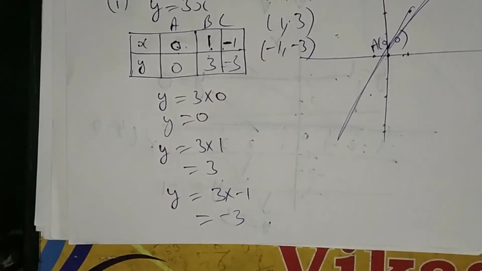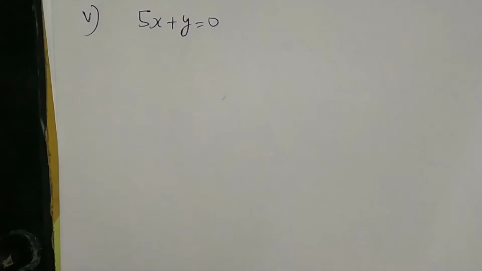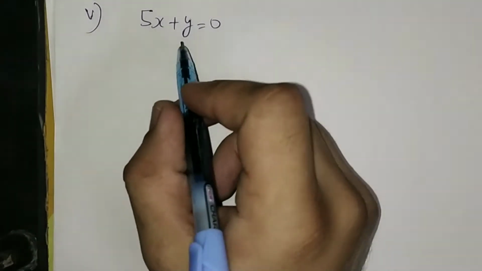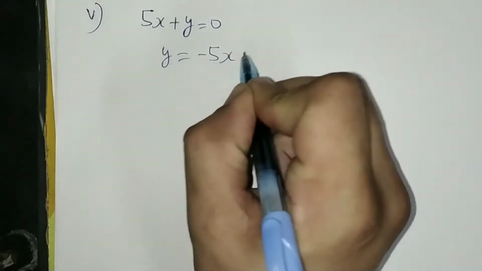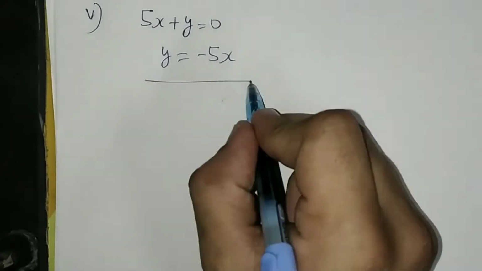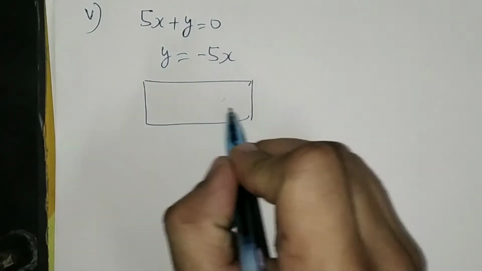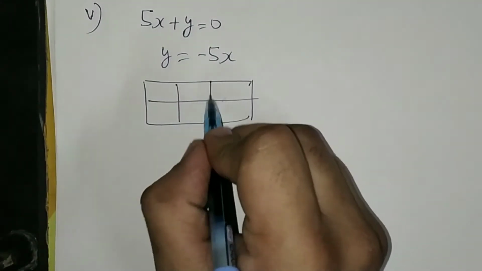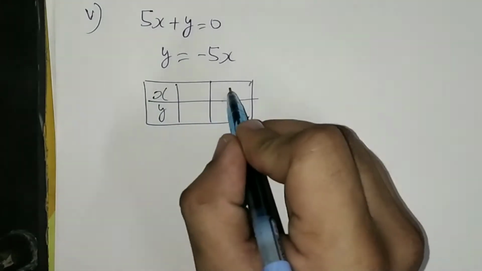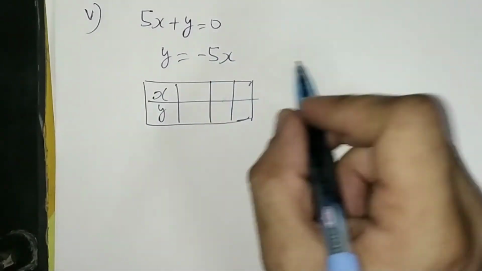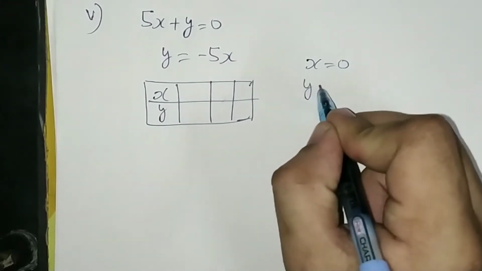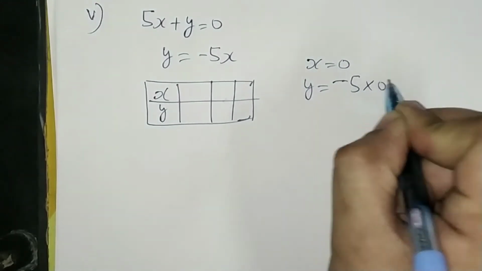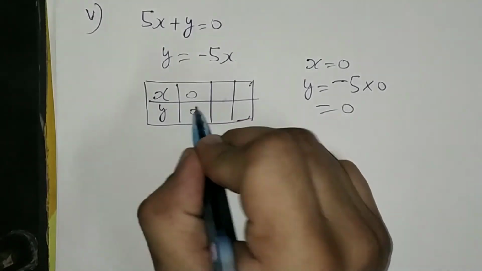I will explain 2-3 more questions like this. So this is your 5th part. y is equal to -5x. So again make a table like this: x, y. Starting with x equal to 0, y is equal to -5 into 0, that is 0. So x = 0, y = 0.